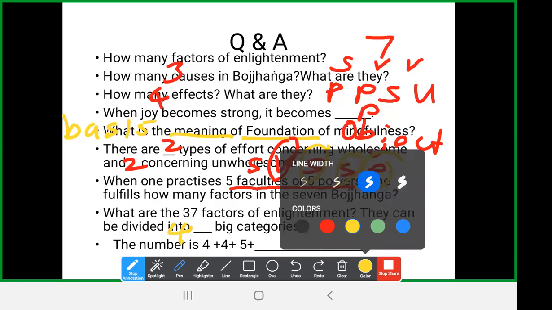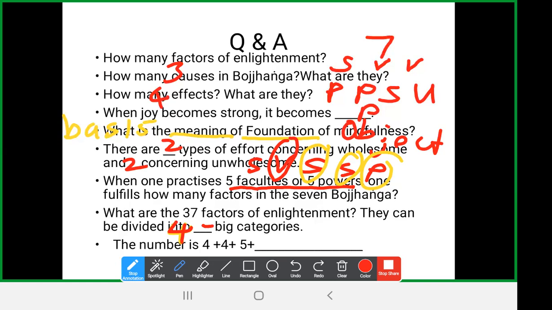Let me count it out: 4 plus 4 plus 5, 5, 7, 8. So seven groups. Correct or not? You got 37. Add together: 12, plus 5 is 17, 22, 29, then 37. So the number is here. Now you're all good in mathematics.